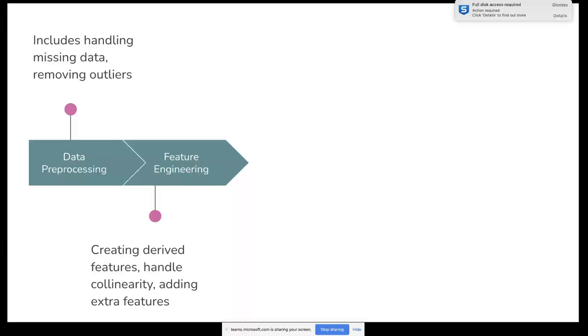And when we are creating derived features, it's very important that we handle collinearity. Let us say we have a column X and we have a column Y, and the column Z is a derived column from X and Y together.